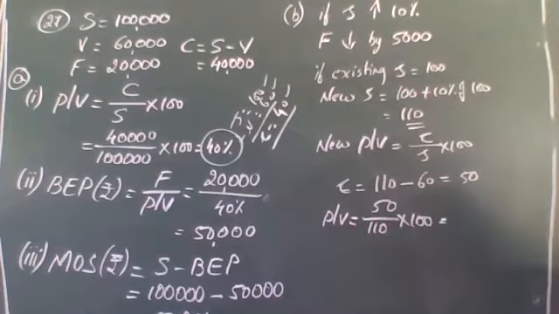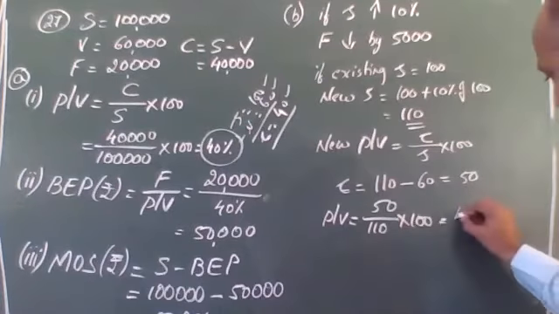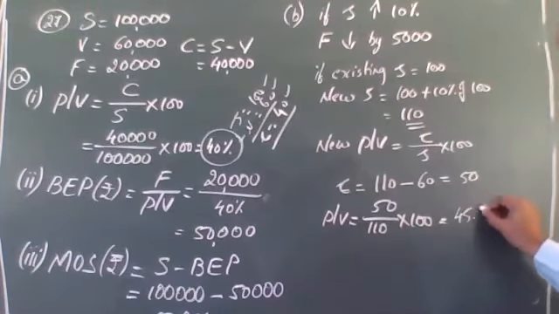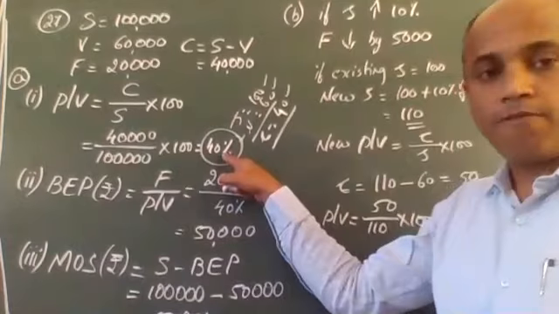So what will be the answer? If you calculate, it is 50 upon 110 percentage. This will be 45.45%. Okay, what was the previous PV ratio? 40%.